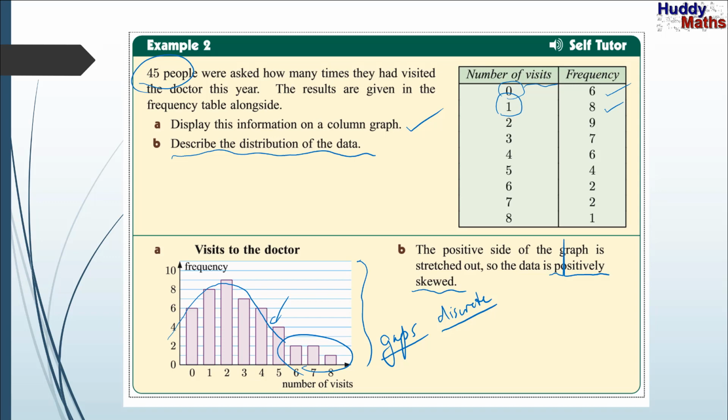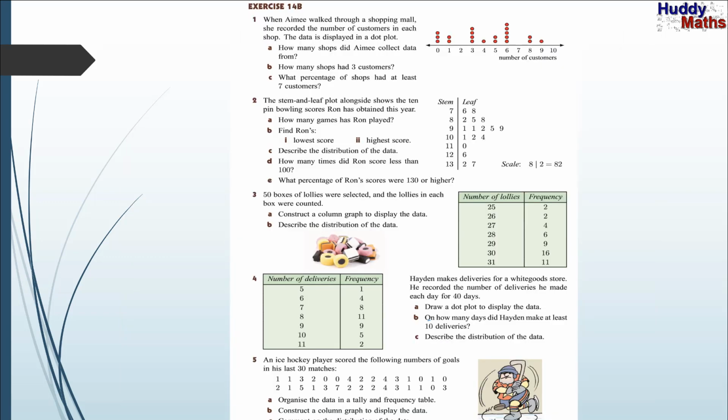Okay, let's go down and have a look, and you can practice here. A lot of this video will involve things that you've done before, with just a few added pieces, like describe the distribution here of the data. So you might not do all of these questions, but just a few of them.